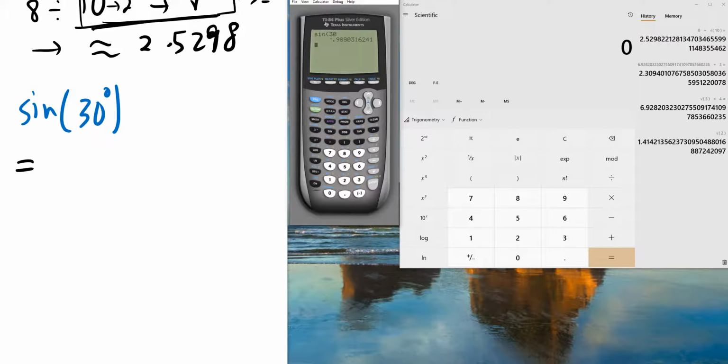It gives me negative 0.988. So something is wrong. Is the calculator wrong? Well, this is what happened. You need to make sure, as I said before, because I'm working with degrees, that the mode is degrees. You go to the mode, change it to degrees, and then second, quit, like second mode. That will get you to this.